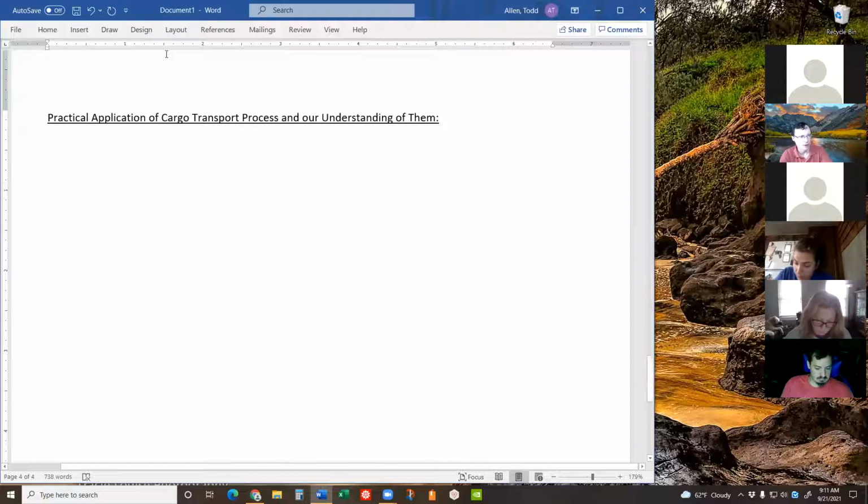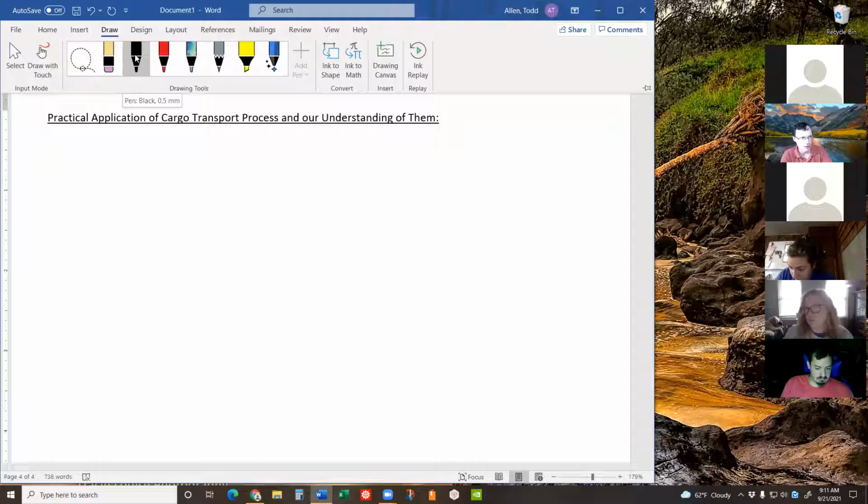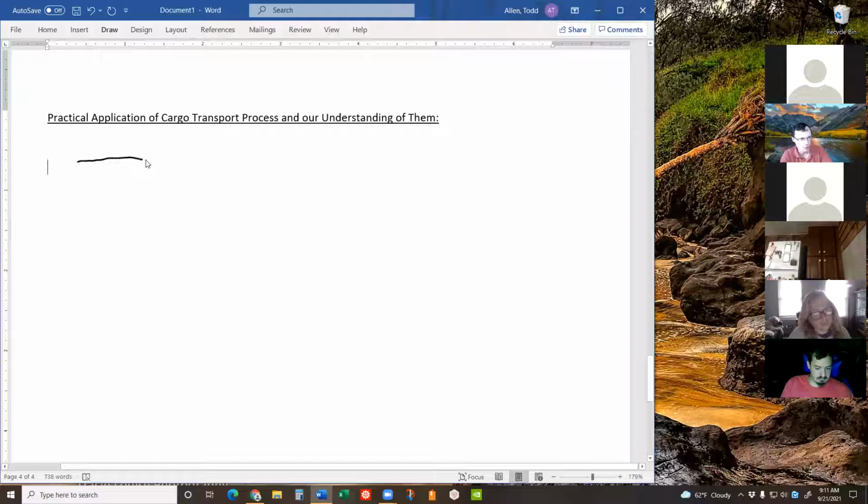Okay, so I'm going to draw some things here. Again, I apologize, I'm not the best artist, but we'll do this anyway. Okay, so the first thing is that I'm going to draw a blood vessel. Okay, this is meant to be a blood vessel.